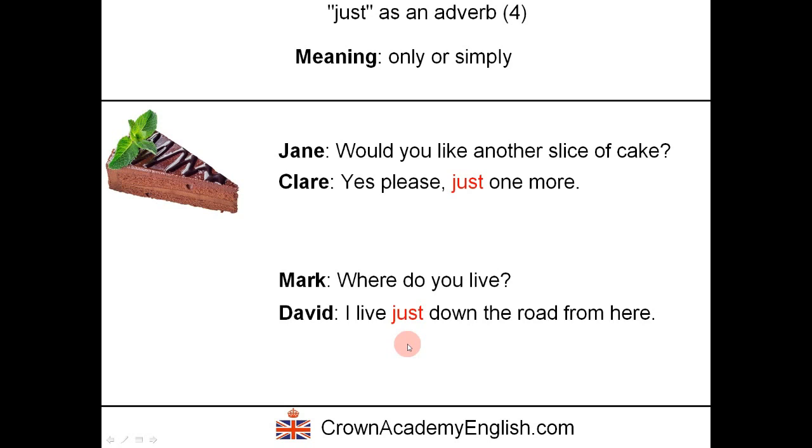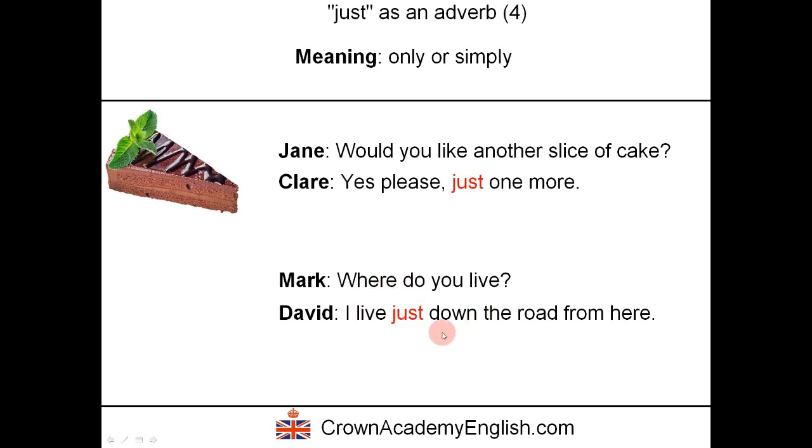So when you ask someone where they live, or if you ask the address of somewhere, where a place is, if they use the word just in the answer, then it means it is not far, basically. It's close to where you are. Okay?